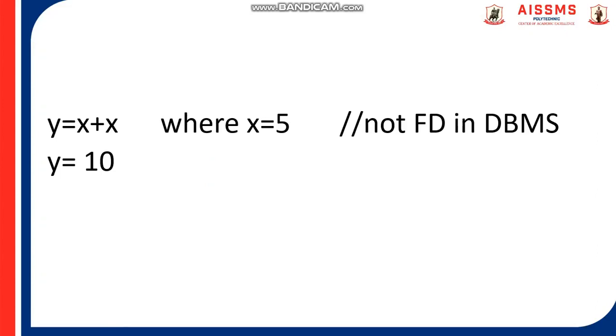This is not a functional dependency, because in a functional dependency you need not calculate or compute the value of any attribute by taking the reference of another attribute. Already the values are given in a relation or table, and you just have to search that value by taking the reference of the determinant. In this case X is equal to 5 is the value of X, but you need not compute the value of Y. So this is not a case of functional dependency in DBMS, right?